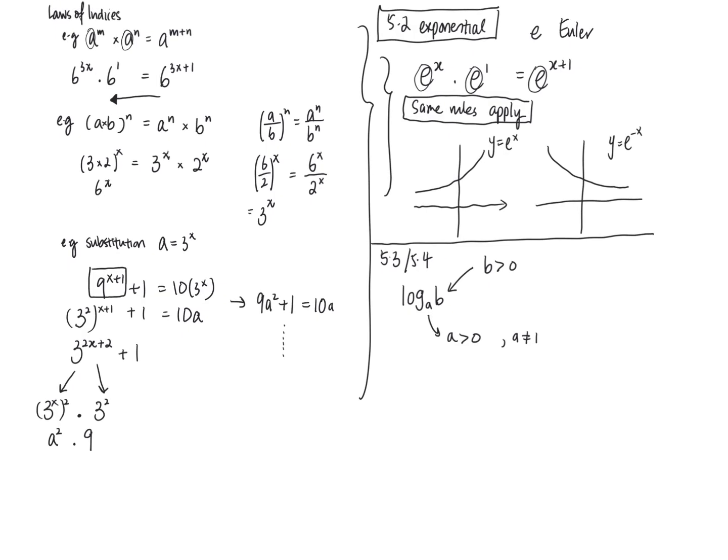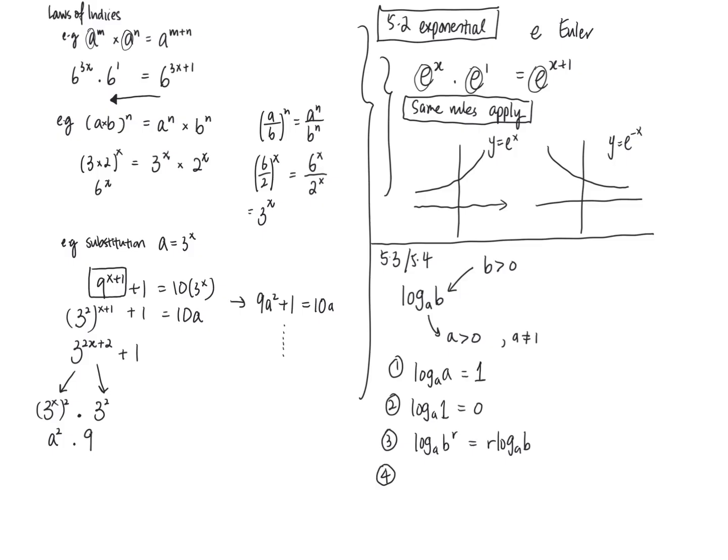And then the law says that log base a of a is 1. Log base a of 1 is 0. If you have a power, you can always bring it down as a constant to multiply.